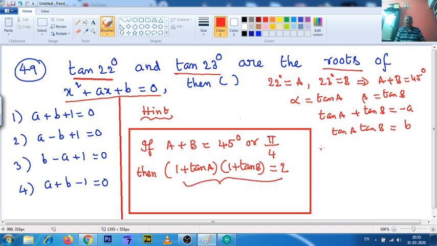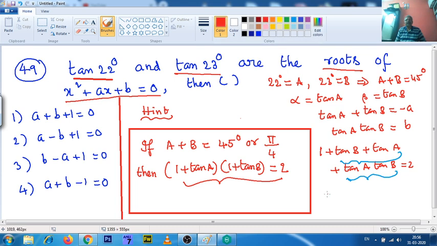Expand it: 1 plus tan B plus tan A plus tan A into tan B equals 2. Here, substitute the tan A plus tan B and tan A tan B values.